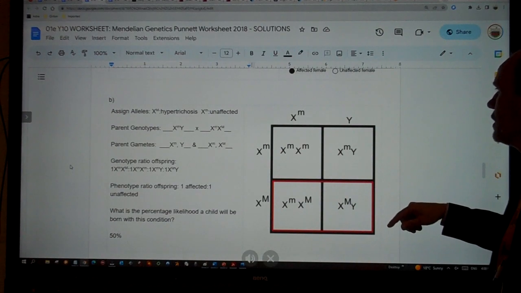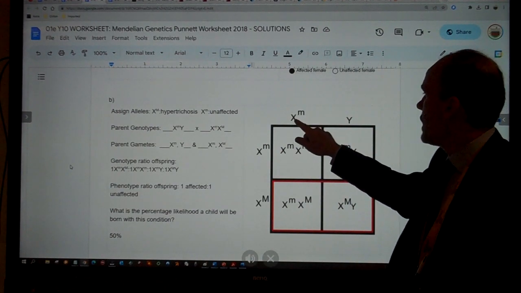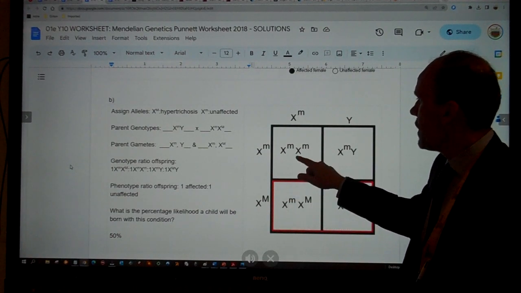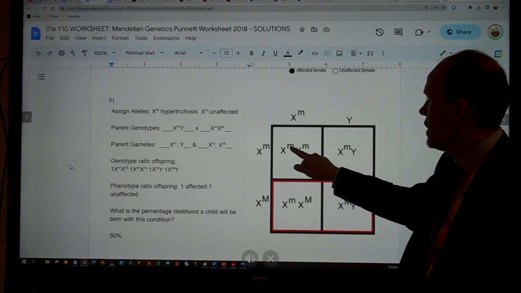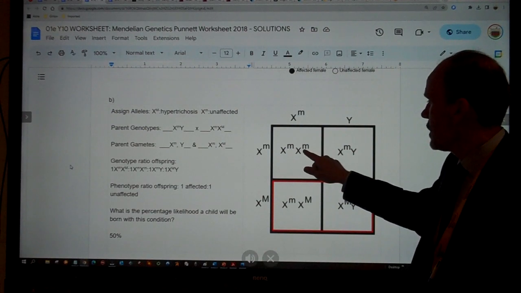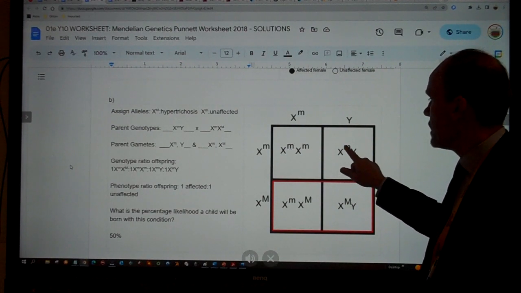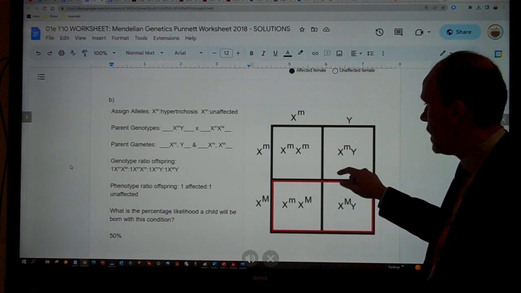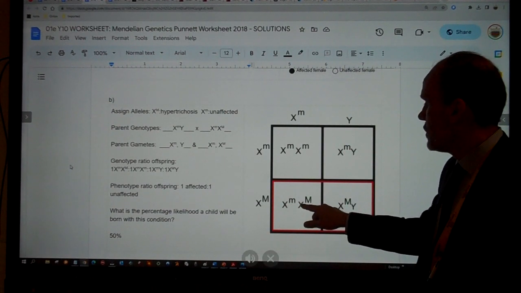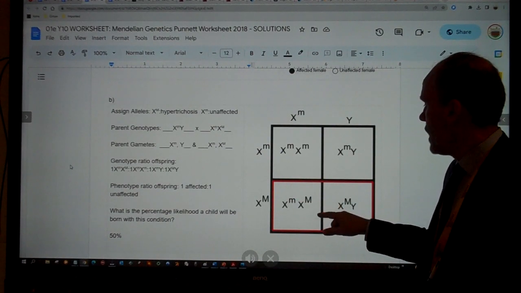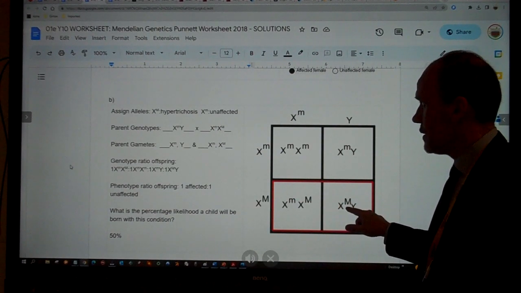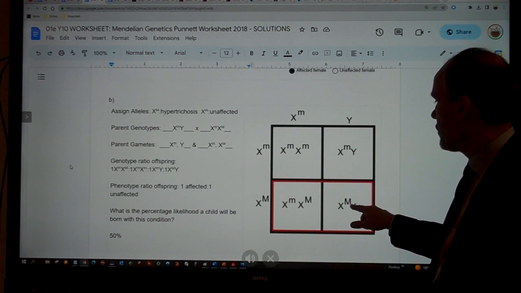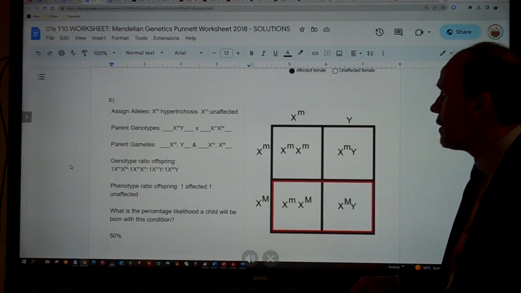You have the father here unaffected, and the mother here is a heterozygote, and then subsequently the Punnett square. A daughter with two little m's, a son with a little m coming from the mother, okay? The daughter, little m, big M, and an affected son, with the Y coming from the father, the X from the mother, okay?